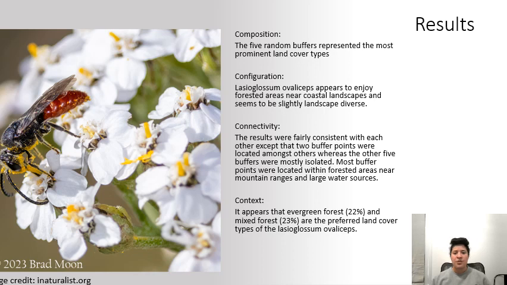Most buffer points were located within forested areas near mountain ranges and large water sources. It appears that evergreen forest and mixed forest are the preferred land cover types of the Lasioglossum ovaliceps species.